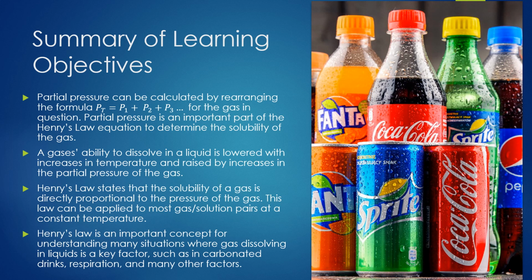The Henry's law equation states that the solubility of a gas is directly proportional to the pressure of the gas. This law can be applied to most gas solution pairs at a constant temperature. And the Henry's law equation is an important concept for understanding many situations where gas dissolving in liquids is a key factor, such as in carbonated drinks, respiration, and many other scenarios.